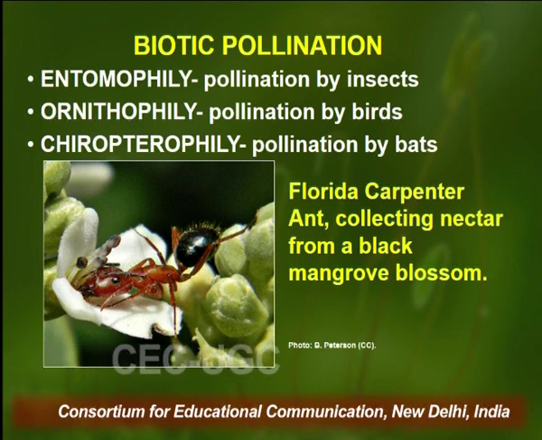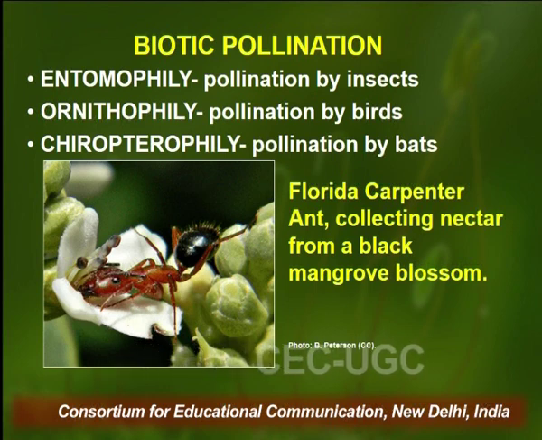When we talk about entomophily, it is pollination by insects. Now, further in entomophily, there are many types because there are many types of insects involved in pollination. The most common being the bees, then there are wasps and butterflies, moths, etc.